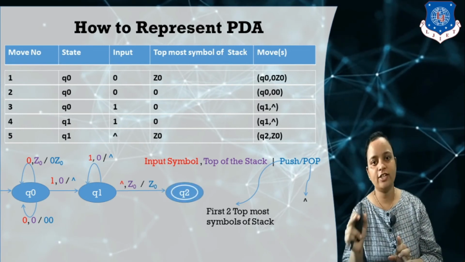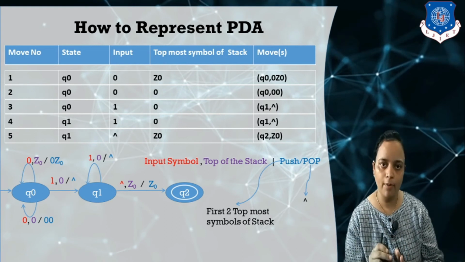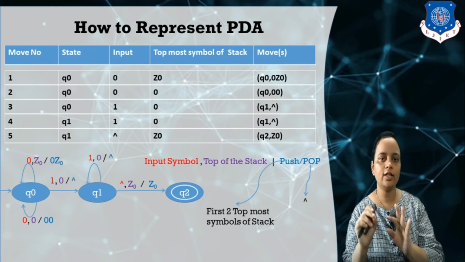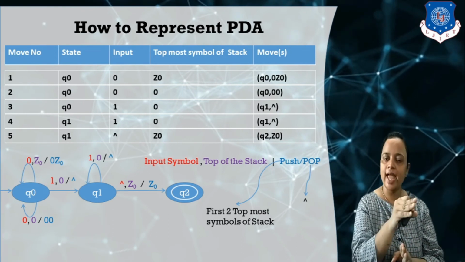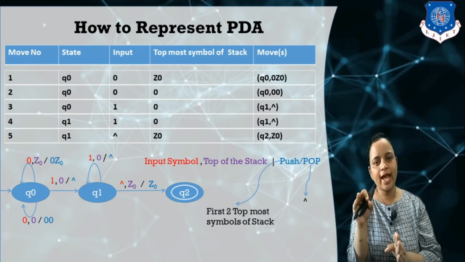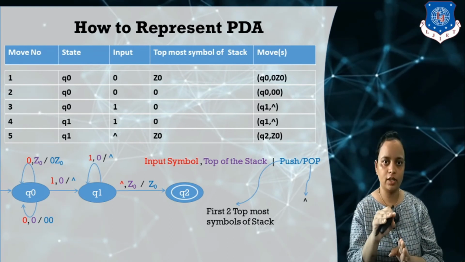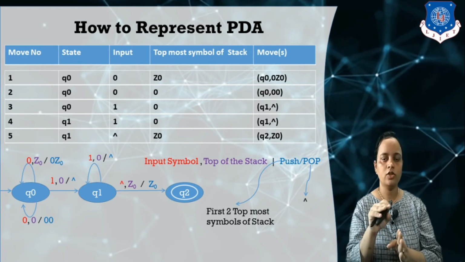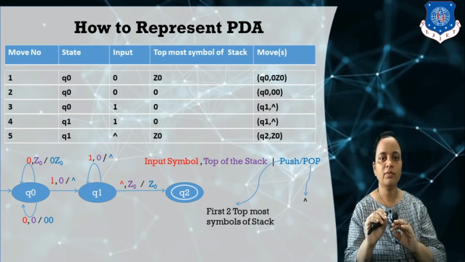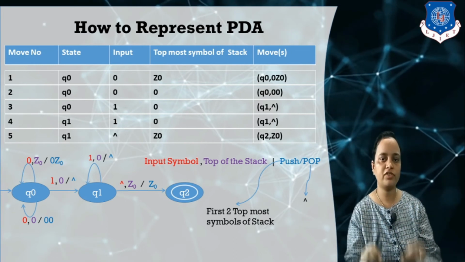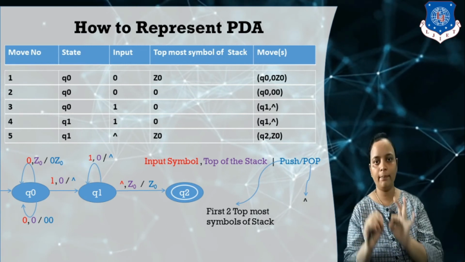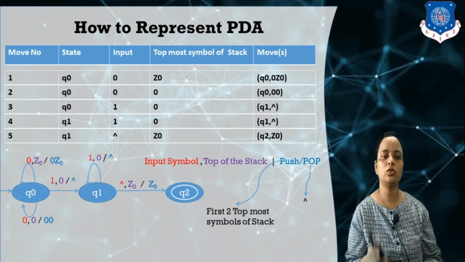Here we perform a skip operation, because we are not doing anything on the stack. Whatever the stack symbol before reading the null, it remains as it is during this operation. So Q2, Z0: we do not change the topmost symbol of the stack.